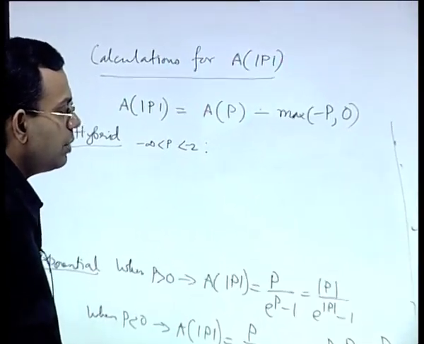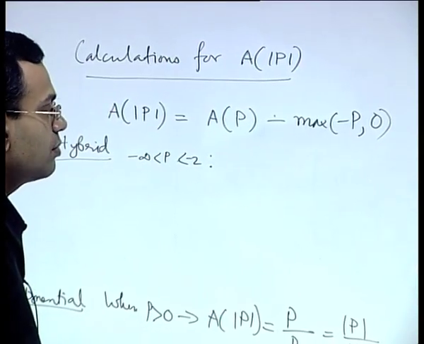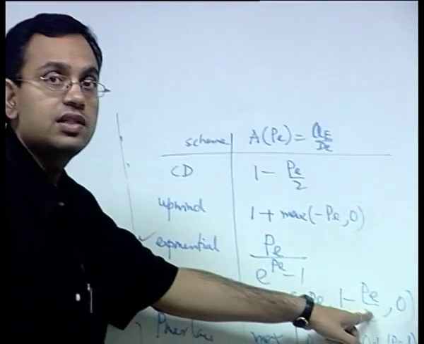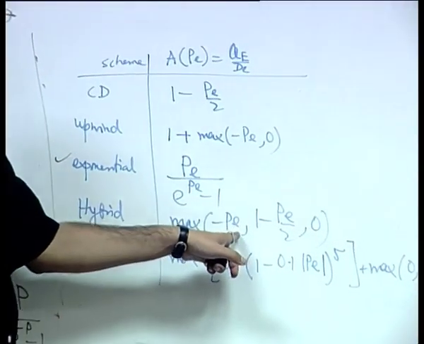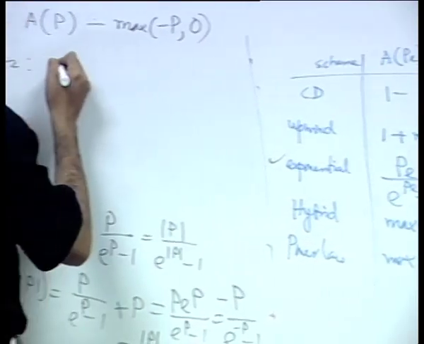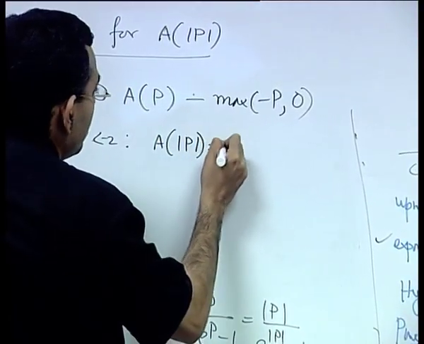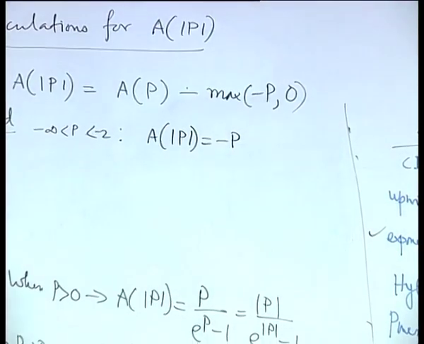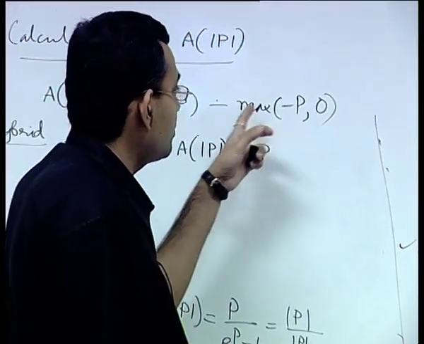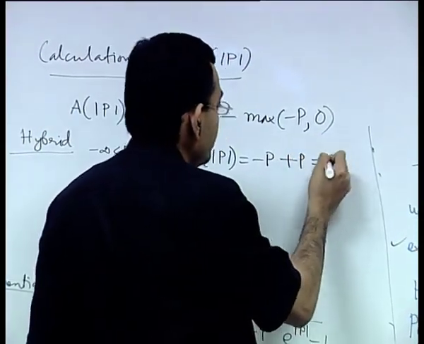In the range of minus infinity to minus 2, A is minus p, max of these three is minus p. So, A of mod p equal to minus p minus max minus p, 0. So, minus p plus p, that is equal to 0.